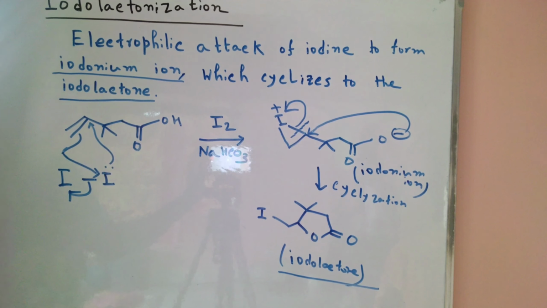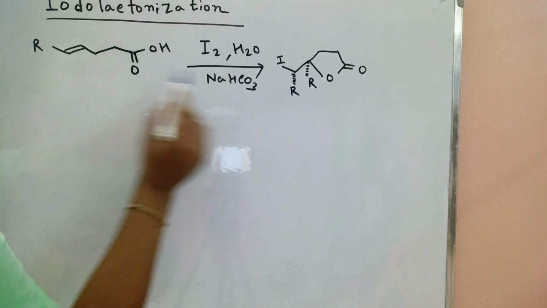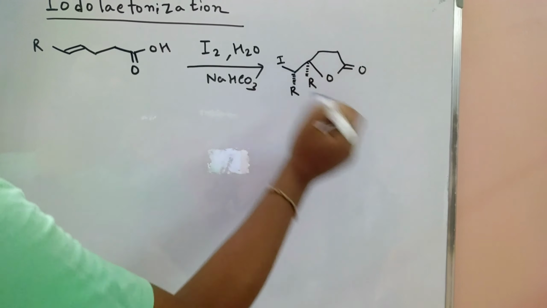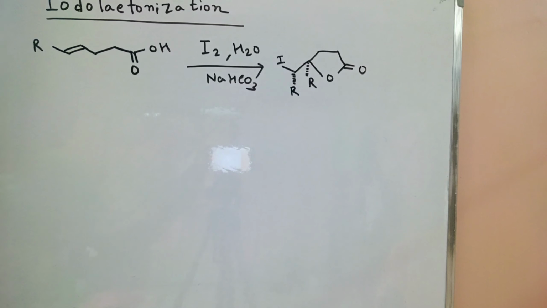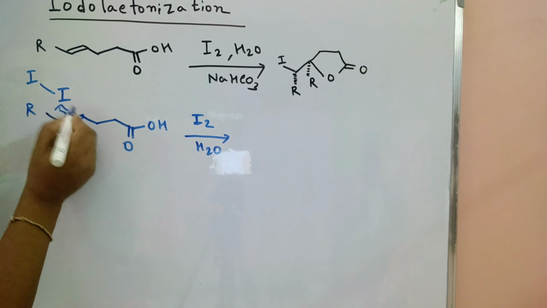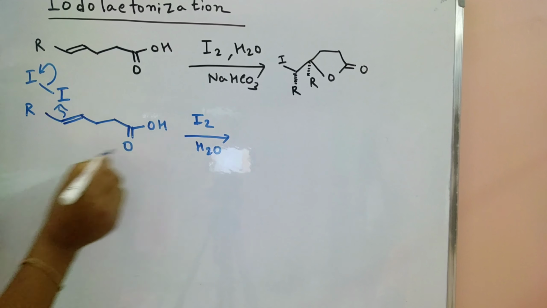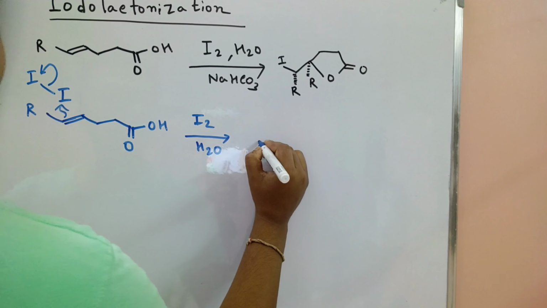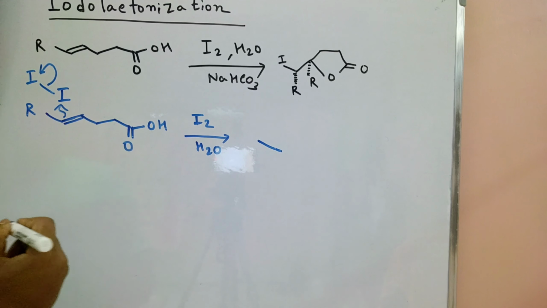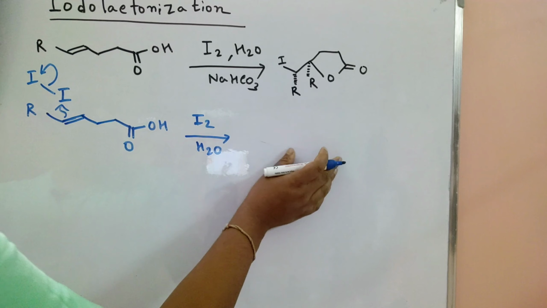Now we draw our next example. The problem here is to discuss the key step and the iodolactonization product. At first, the formation of the iodonium ion. So we can easily draw the iodonium ion product here.